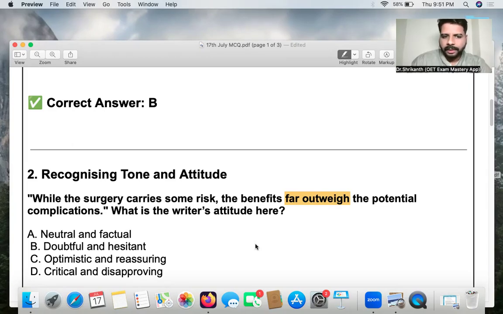The writer is saying surgery has some risk, but the benefits outweigh the potential complications. So it is a wrestling competition between benefits and complications. But you need to understand the meaning of outweigh. Is it A, B, C, or D? What is the attitude of the writer?